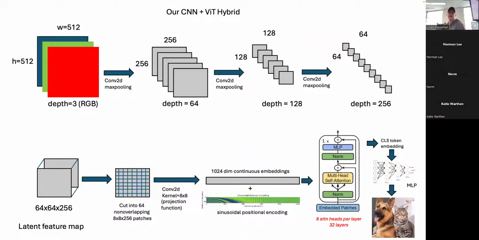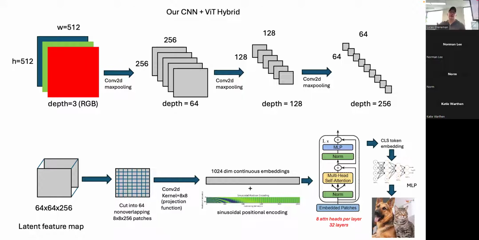Basically, it takes a 512 by 512 image that has a depth of 3, so red, green, blue. It applies a series of two-dimensional convolutional layers that extract feature maps.